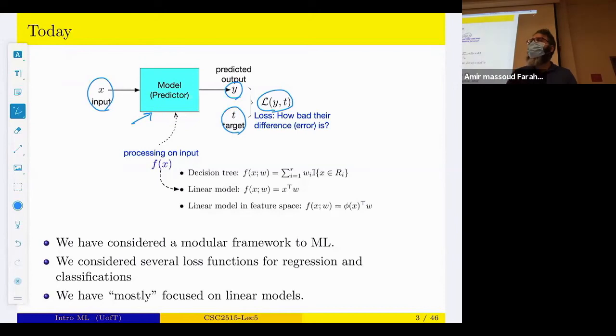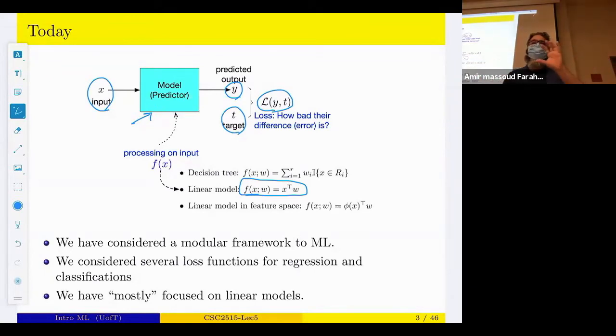And if you think about what we have done in the previous lectures, we focused mostly, but not always, on linear models. So we said that the output is generated by something like the inner product of x and w.